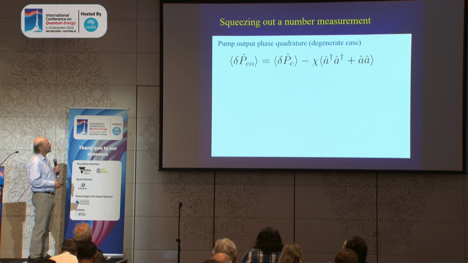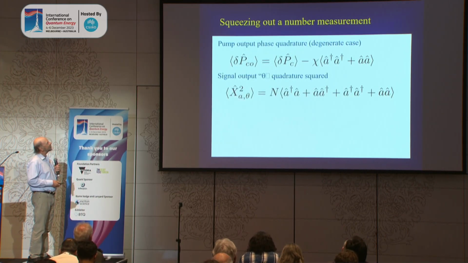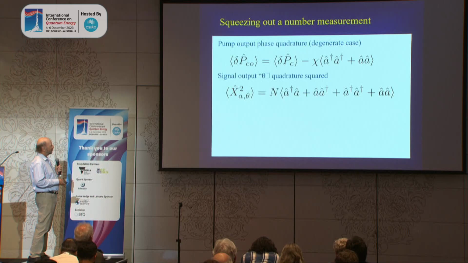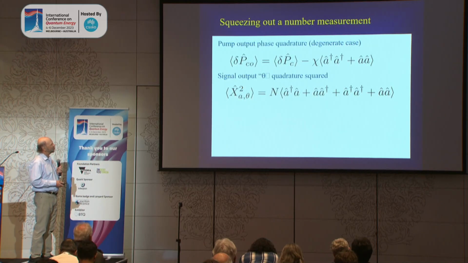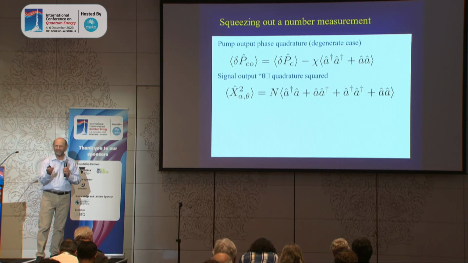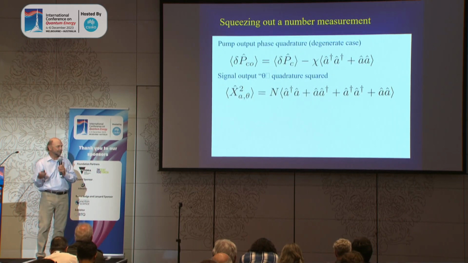So what can I do with this? Well, let's also measure the signal output. And we're going to measure it at a particular quadrature angle theta. So it just means instead of measuring exactly amplitude or exactly phase, we just rotate to a particular angle in between.